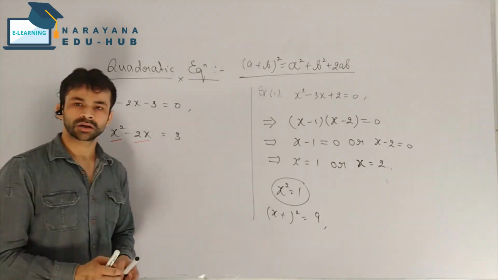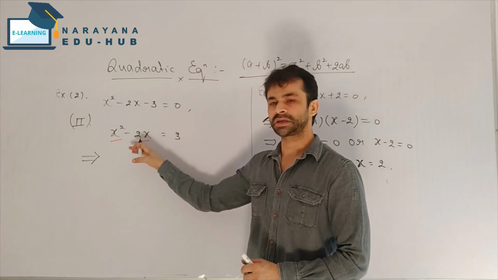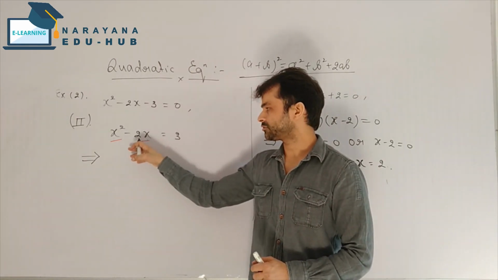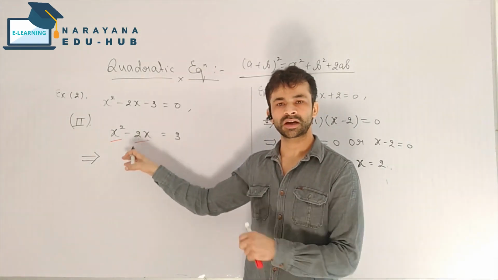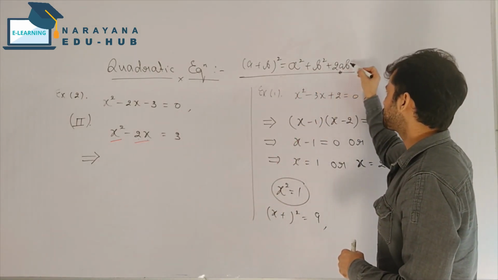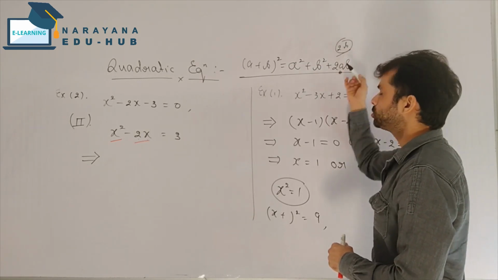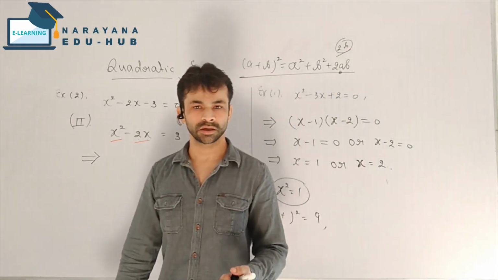What is b square? First of all, we'll think what b is here. The coefficient of x is 2b, so if we divide by 2, you'll get to know what b is.